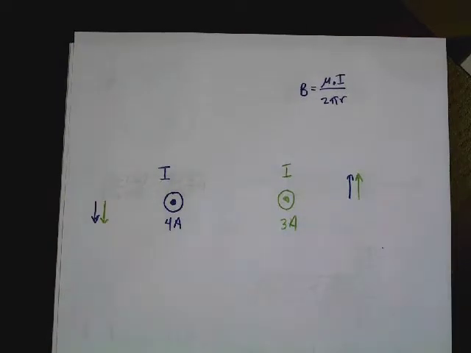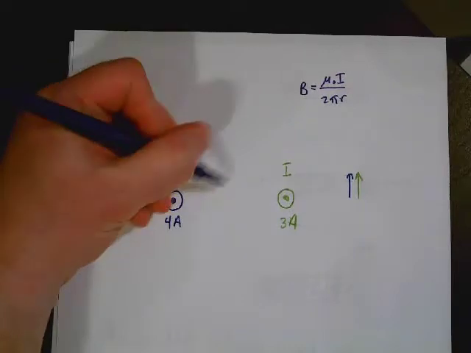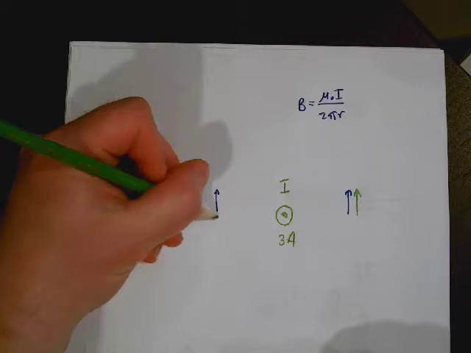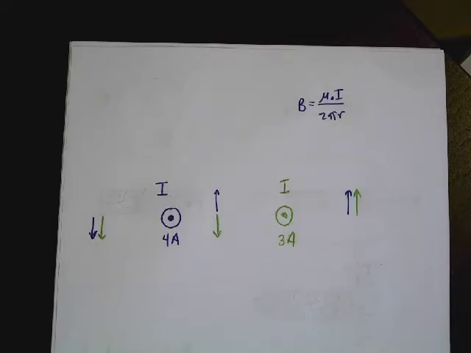Okay. So we know it has to be in between. If I was to draw it in between, the blue one would be pointing up, and the green one would be pointing to the bottom of the page.